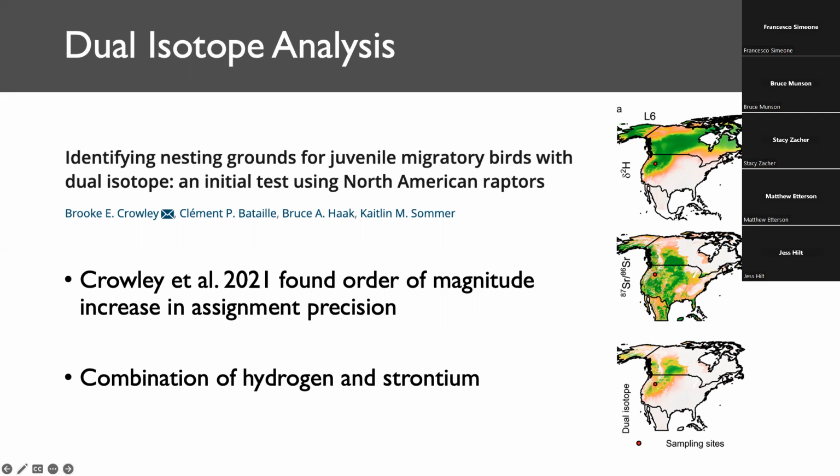These maps on the right show an assignment based just on hydrogen isotope, just on strontium, and then the combination of those two together. If we have complementary isotopes, they can be combined to create both a latitudinal and a longitudinal gradient.